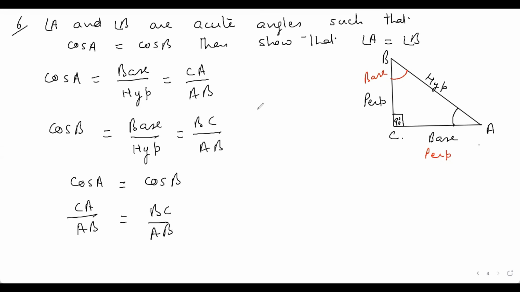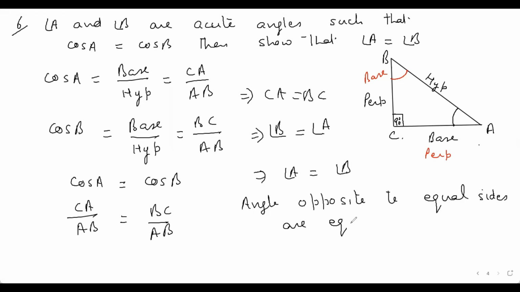Denominator is same, so it implies CA is equal to BC. If sides are equal, then it means angle B is equal to angle A. Angle opposite to equal sides are equal.